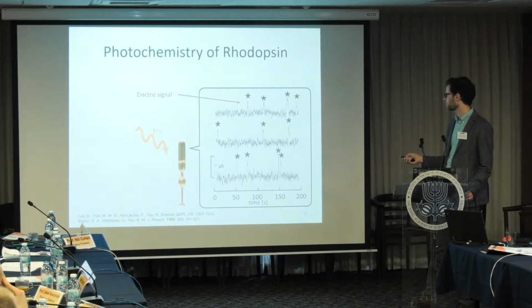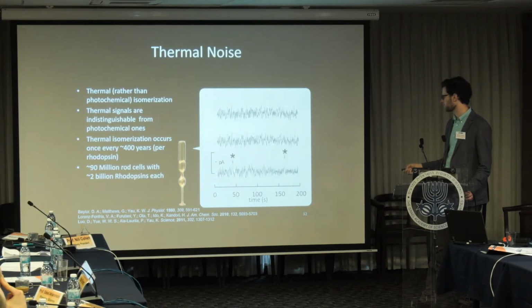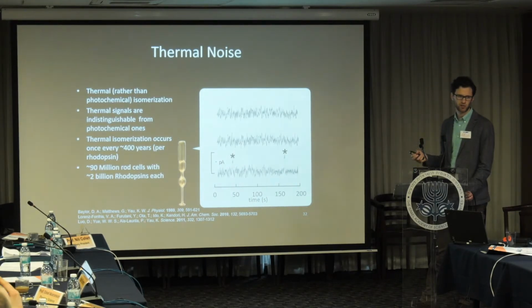Now, when they switch off the light, in total absence of light, there is a very rare signal which is exactly of the same amplitude as a signal triggered by light. So the question arises: how is it possible that the molecule undergoes the same change without any light?